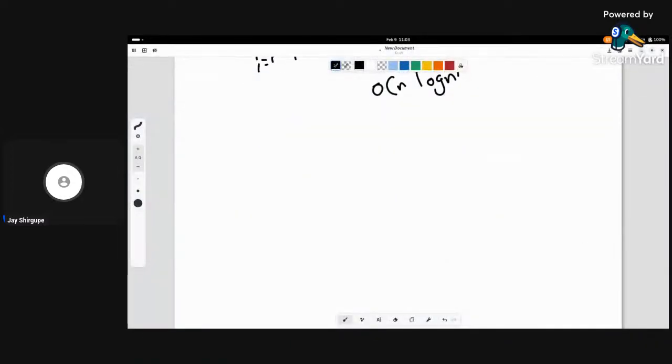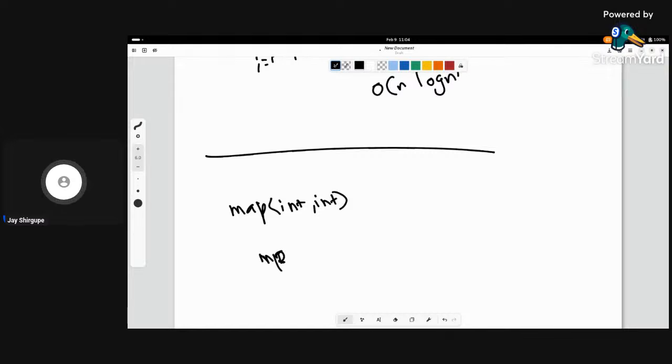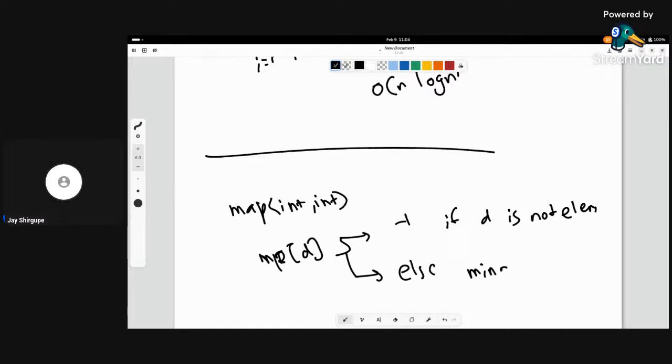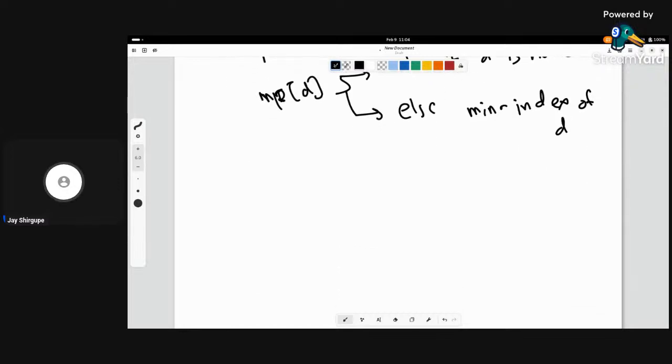One more thing you could do is you can maintain a map from int to int, where map of D is -1 if D is not in elements, else it is the minimum index of D. And then what you could do is iterate over all groups in G and calculate all divisors.